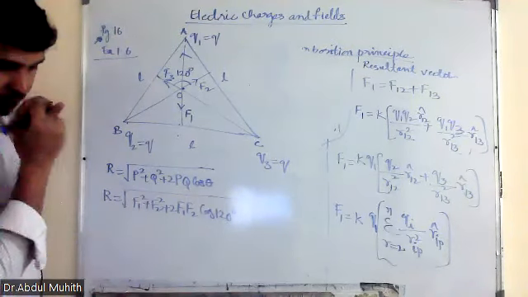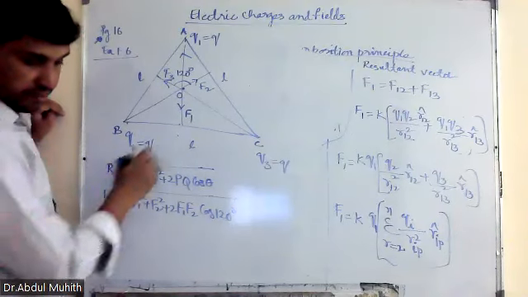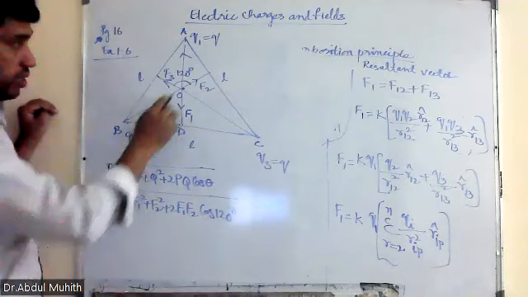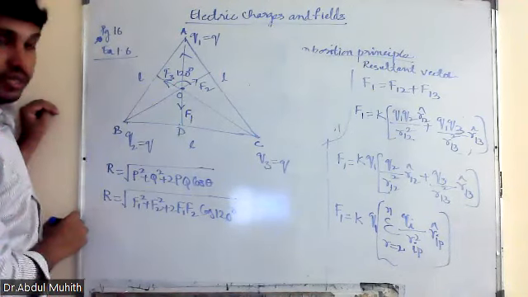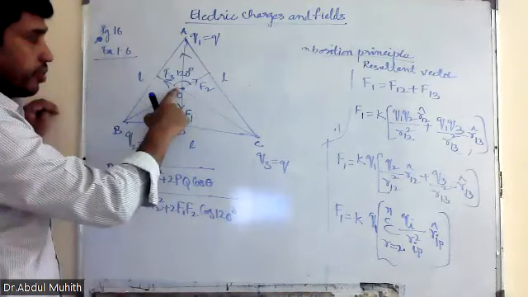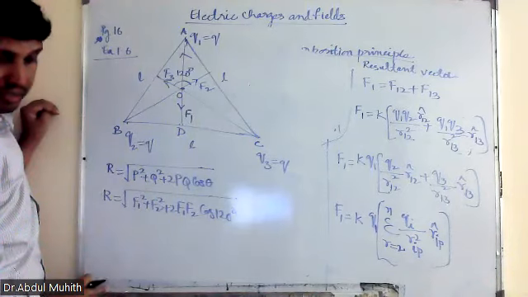Also, what is this length? We have AD. In a triangle, suppose O is the centroid, go back to mathematics. If O is the centroid, then this will be 2/3 and this will be 1/3. You remember that now?